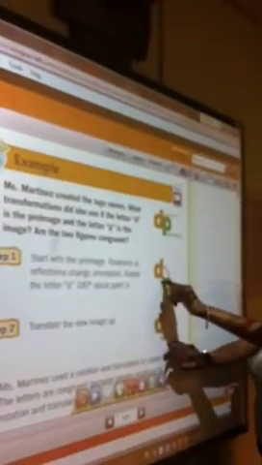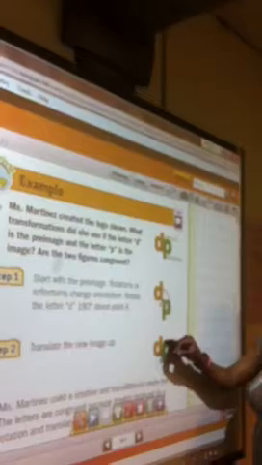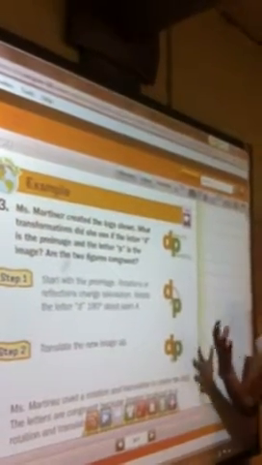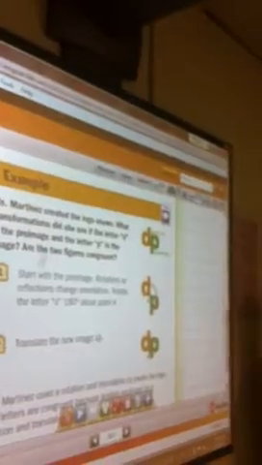No. What must you do to the P in order to get it in the position? Don't you translate it up? Very good. You translated up. So, are these two figures congruent? Yes. They are. Any questions? Nope. Flip the page, look at C.